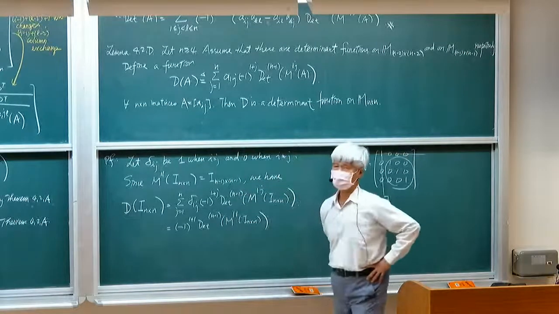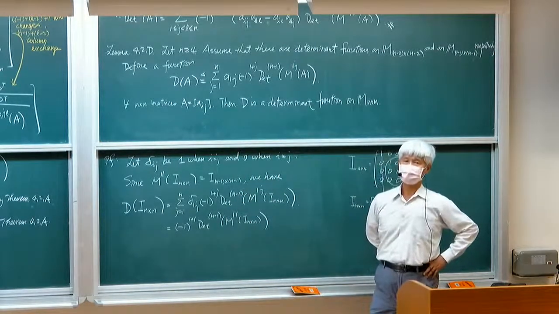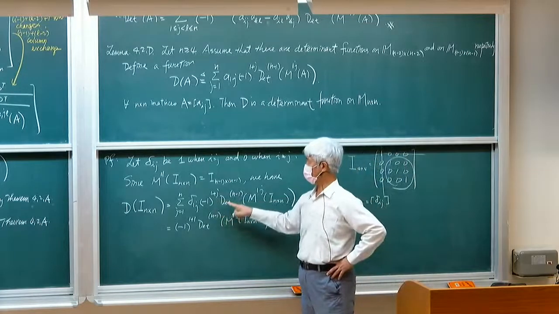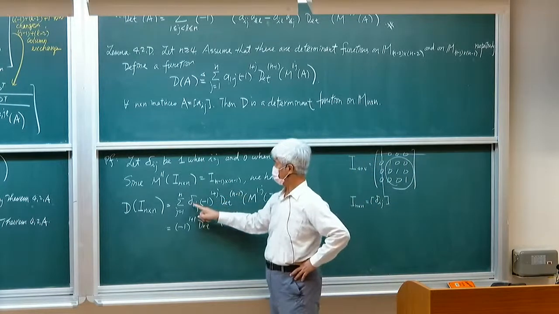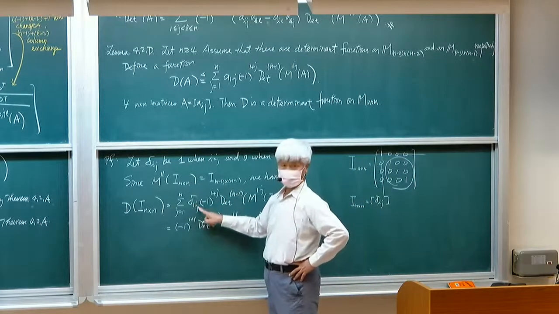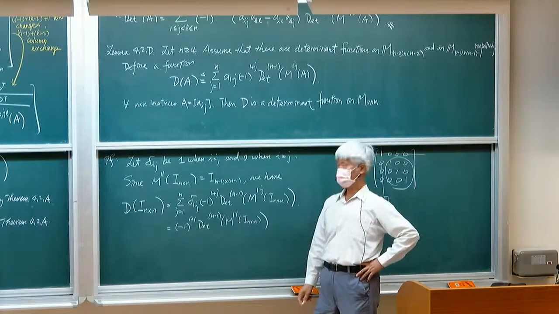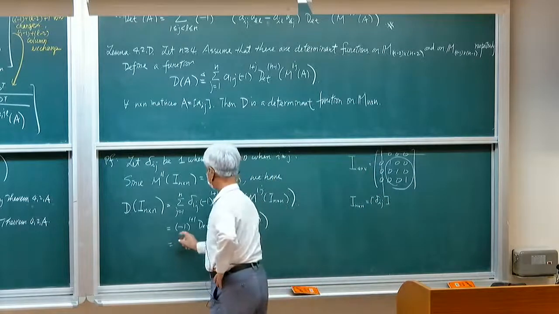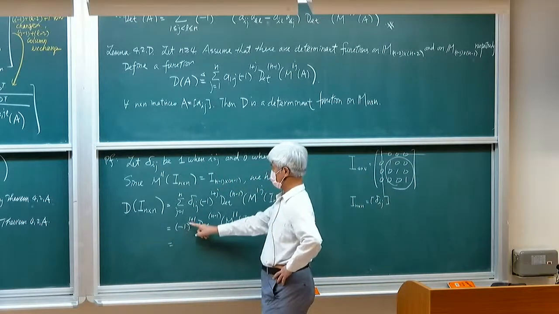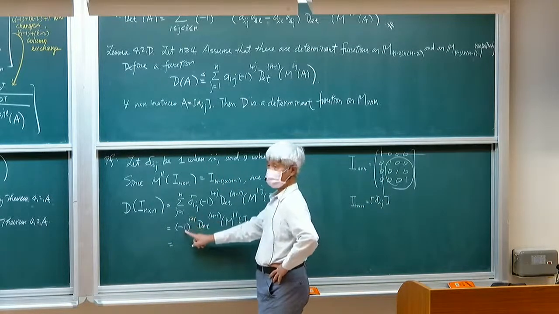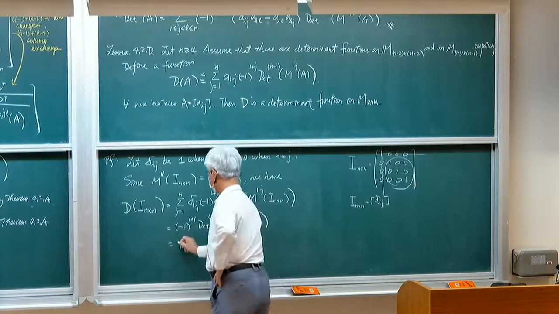The sum has n terms, but because delta 1j is 0 for j not equal to 1, you have only one term left. So you have minus 1 to the power 1 plus 1, which is 1 because the square of minus 1 is 1.